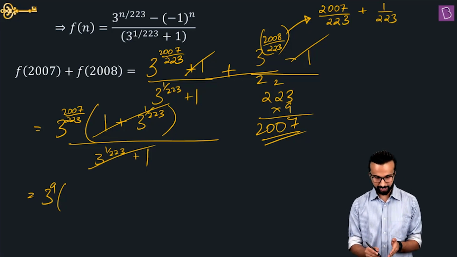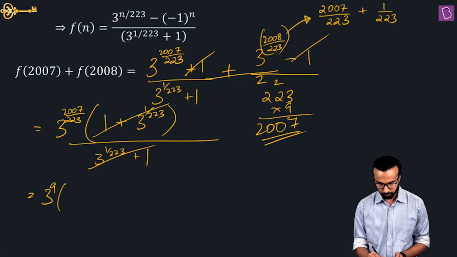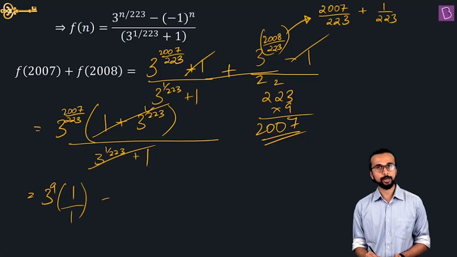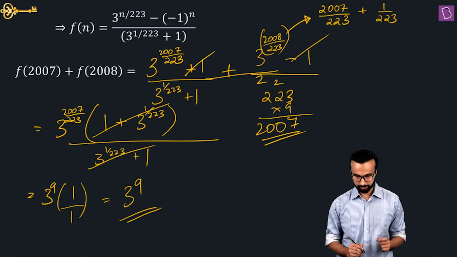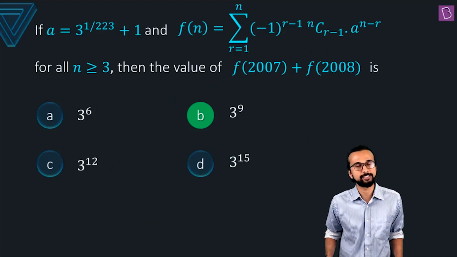Okay. So I have here 3 power 2007 by 223, which is 9, into 1 by 1. Right. So here I have my final answer as 3 power 9. Okay, note that. So now this leads me to option B, 3 power 9. Got that?